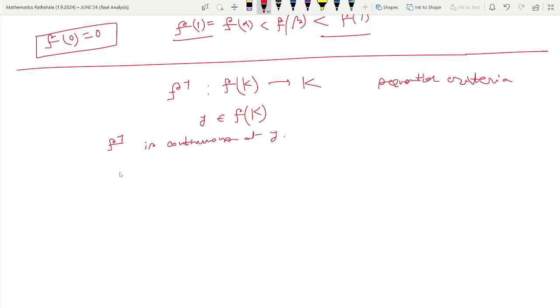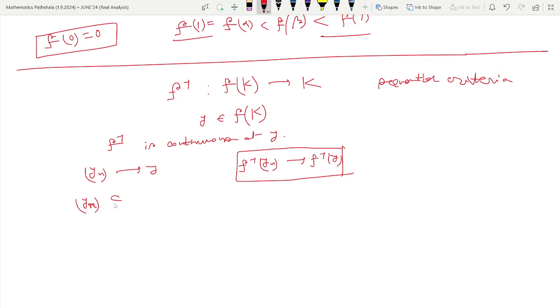Now to prove this, we can take an arbitrary sequence y_n tending to y, and we show that f inverse of y_n tends to f inverse of y; then it will be proved that f inverse is continuous at y. Now this sequence y_n is taken from the domain, that is f(K). So for this y_n, there exists x_n belonging to K such that f(x_n) equals y_n.